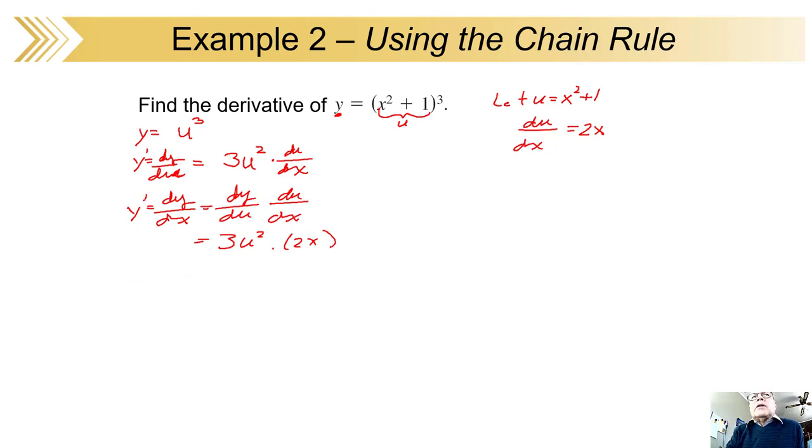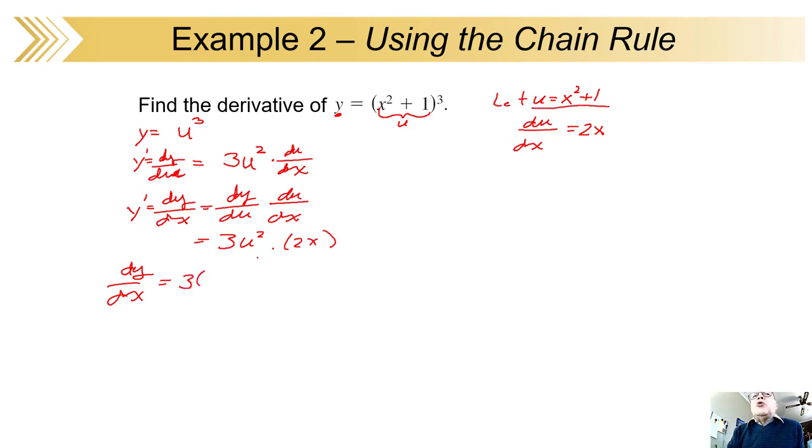So what's dy/dx? Well, let's take this value for u and put it back where it belongs.